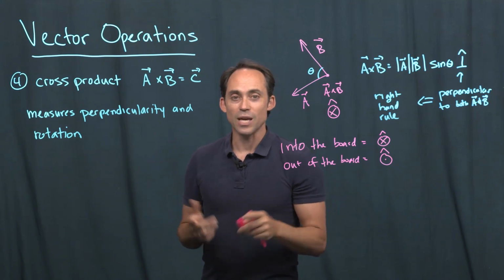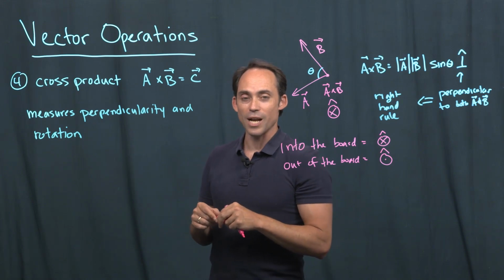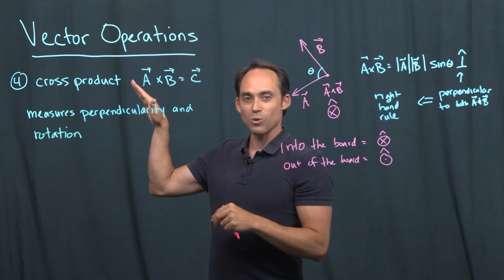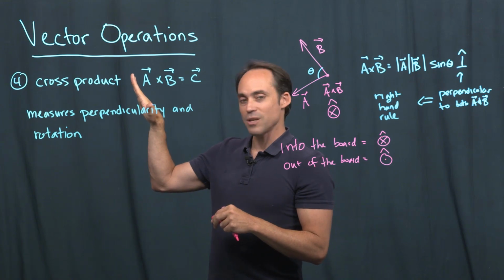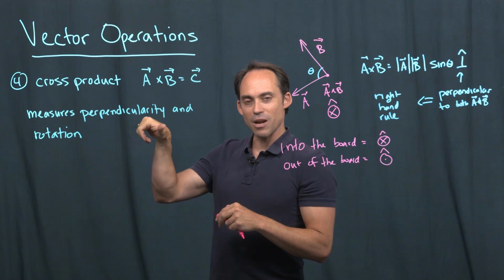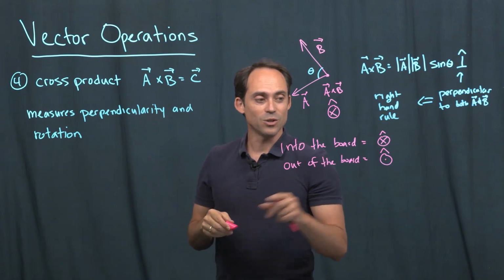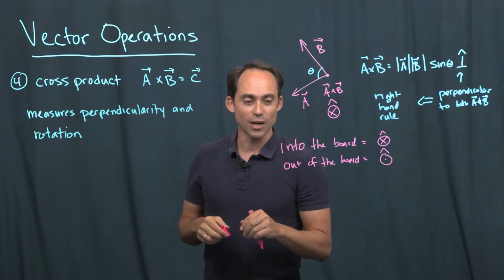We can also do the opposite interaction and look at B cross A. So let's do the same right-hand rule. My fingers point toward B. My fingers then wrap around into the direction of A. And notice now that my thumb is pointing at you, all right, out of the board. And so we actually have the opposite direction.